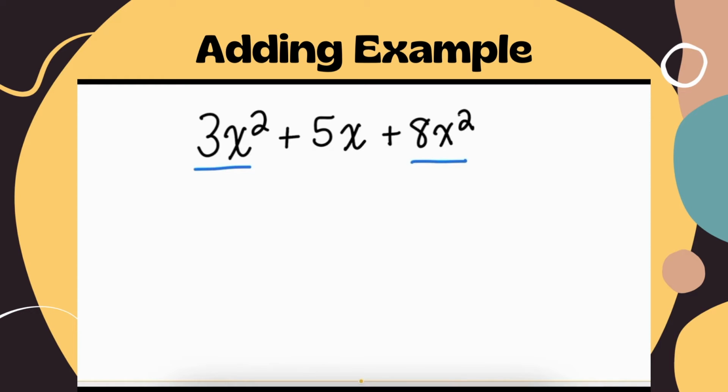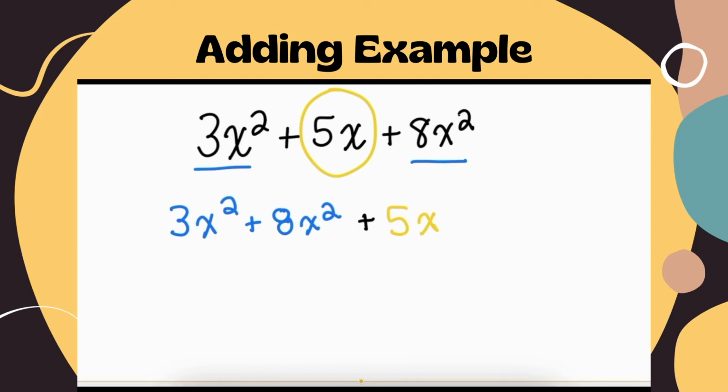So 3x squared and 8x squared are like terms because they have the same variables raised to the same exponents. Although all 3 terms have x's, only 3x squared and 8x squared have x raised to the same power of 2. So we're going to have 3x squared plus 8x squared plus 5x.